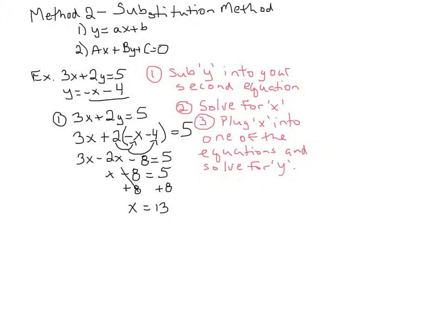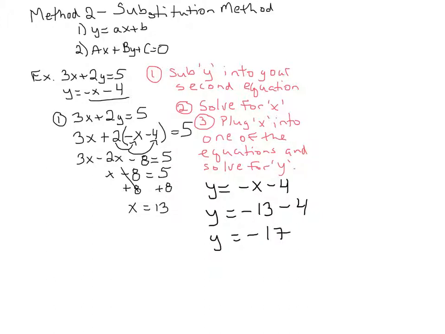So I go back to my y equals negative x minus 4, because y is already isolated. I don't have to do as much work. I'm lazy. You could do it in the other one, it would work. But I'm going to sub in my positive 13, so negative of x is negative 13 minus 4, and I get y equals negative 17.